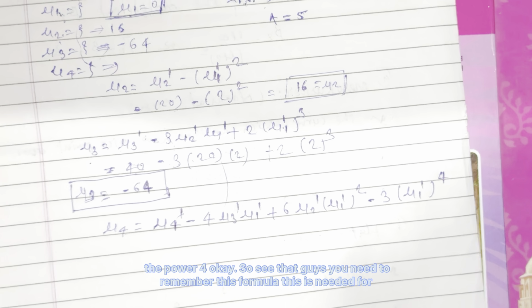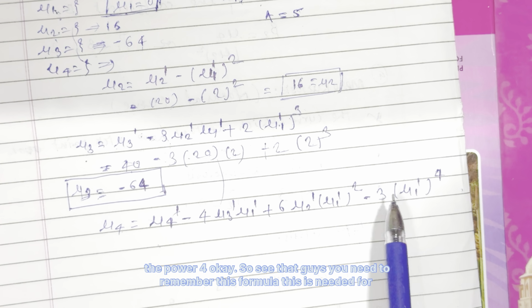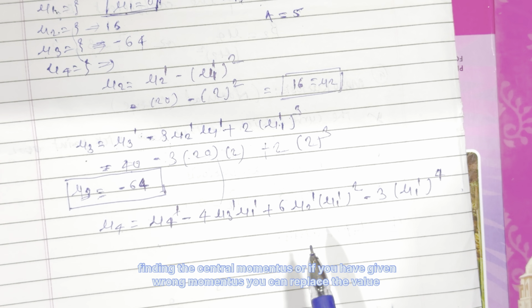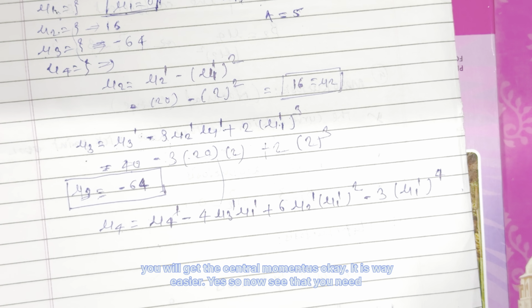You need to remember this formula. This is needed for finding the central moments, or if you are given raw moments, you can replace the values and you will get the central moments. It is way easier.